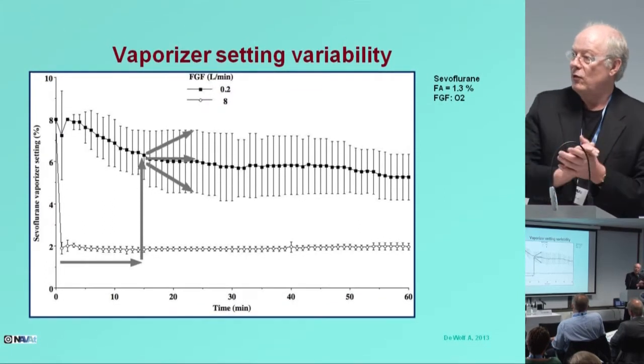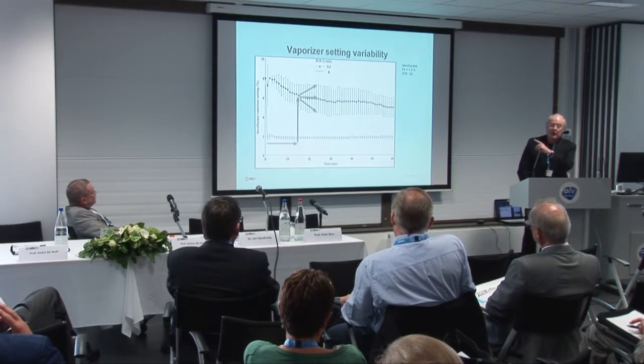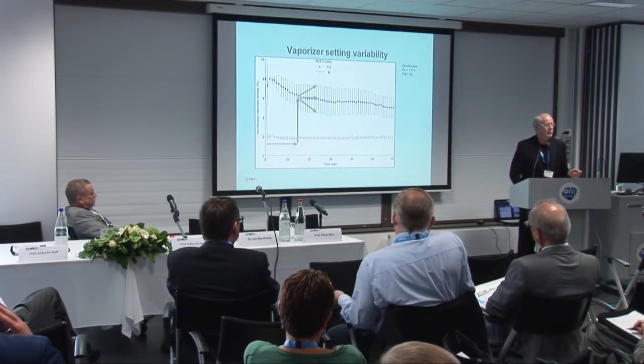Because a few minutes ago I told you that there is quite a bit of variability in uptake from patient to patient. And that leads to quite a bit of variability in a vaporizer dial setting that's required to maintain 1.3% alveolar partial pressure. So this is the direct consequence. The variability in vaporizer dial setting is a direct consequence of the variability in patient uptake.